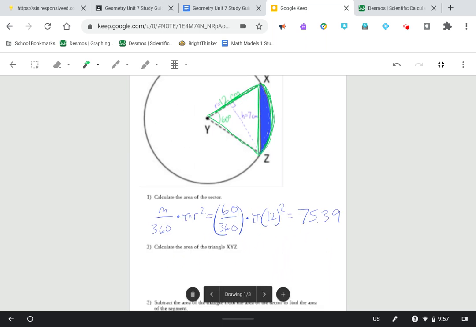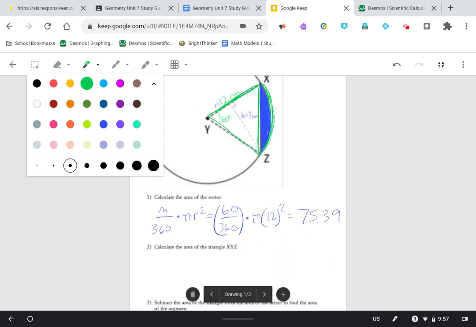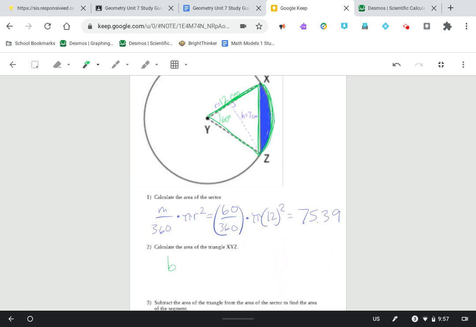So we find the area of the triangle. The formula is on the notes as well, but the formula for the area of a triangle is base times height divided by 2. So here, the r is also our base. So just so you're aware, the base is the same as the radius.